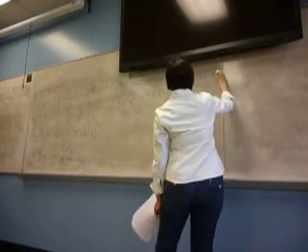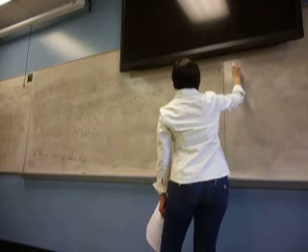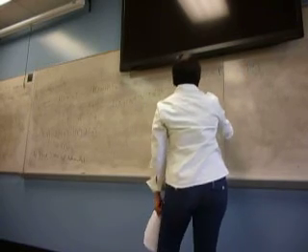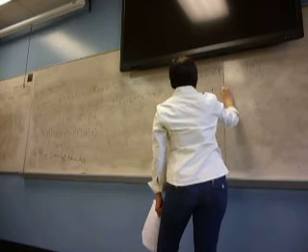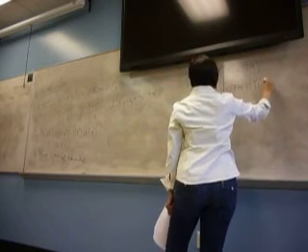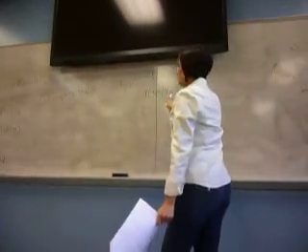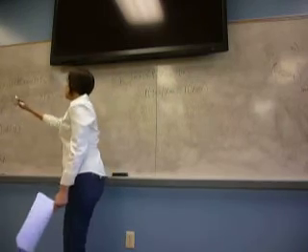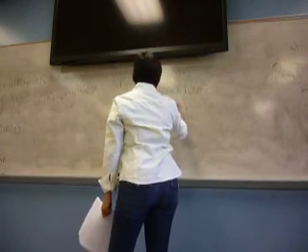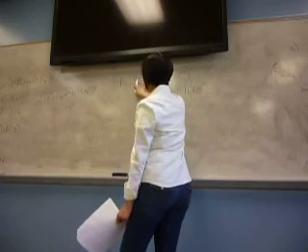This is just the probability of x equals 0 and y equals 0. So the probability that y equals 0 conditioned on x equals 0, times the probability that x equals 0. Can y be 0 if x is 0? No, if x is 0, y has to be 1, so this is 0. So this joint probability is 0.